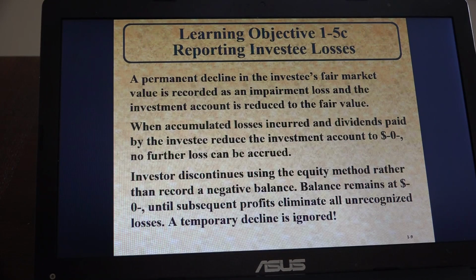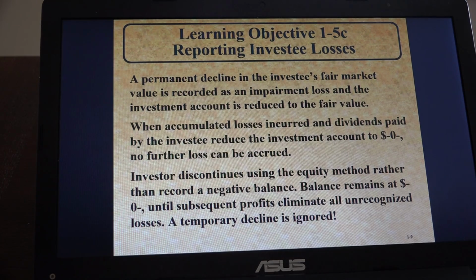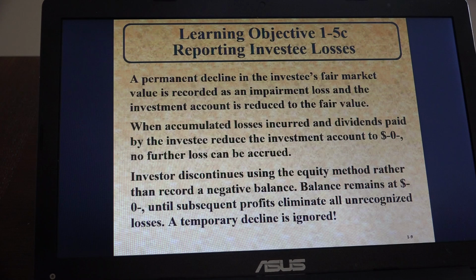You have to wait until there are enough gains to recoup all the losses, including those that weren't written off, before you can start building back up. In other words, you can't have a negative balance in your equity account or your investment account.